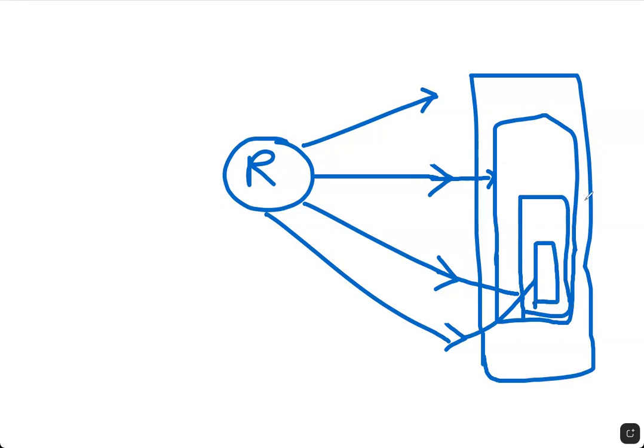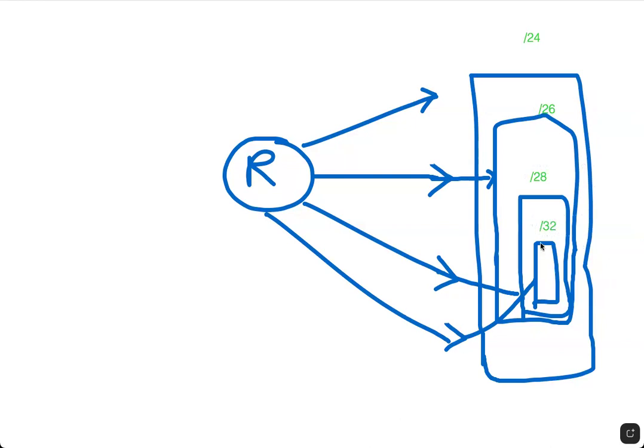Okay, so this is a big group. Let's say the group is /24, and inside that group there is a /26. Inside that group there is a /28, and inside that you have a /32.